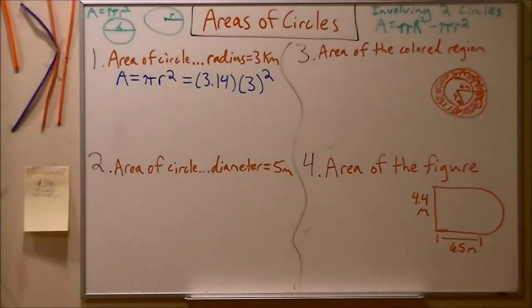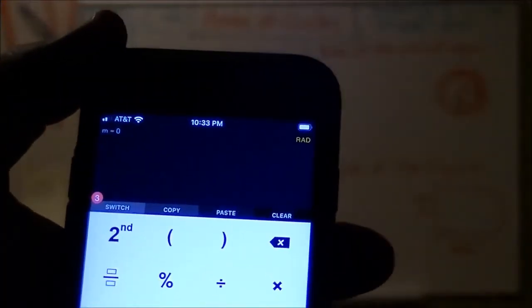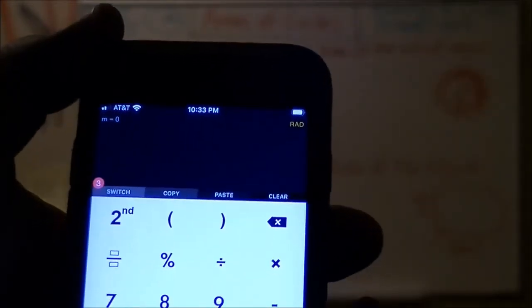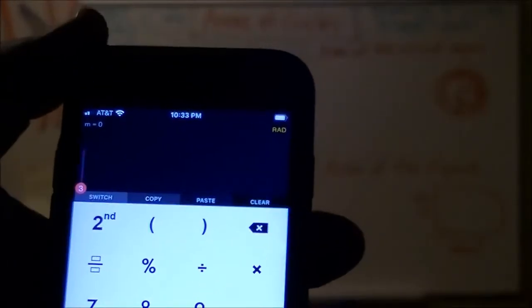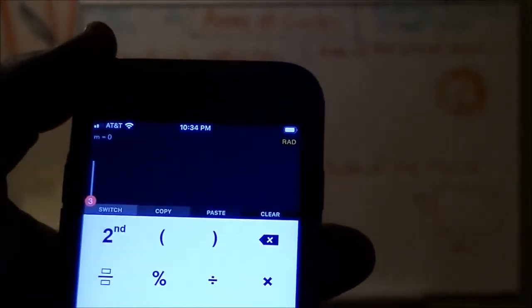So I'm going to punch in, based on what I have on the board, 3.14 times 3 squared. Remember order of operations. Even though the multiplication comes first, I don't do multiplication first. I do the exponent first because it's the second order of business in order of operations, and multiplication is third.